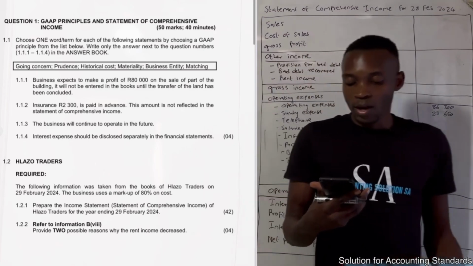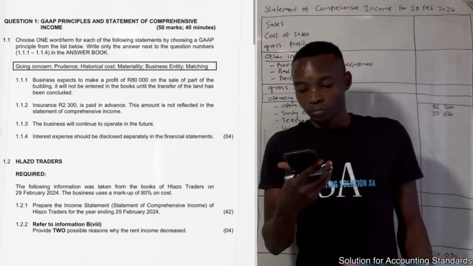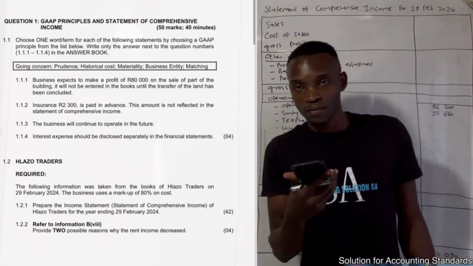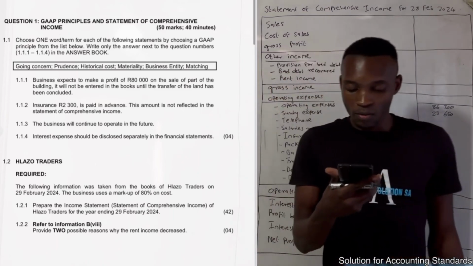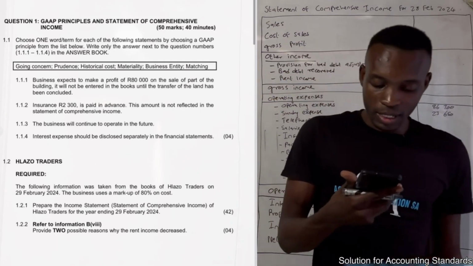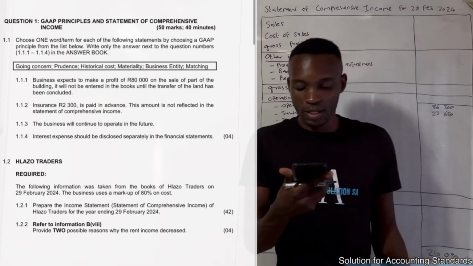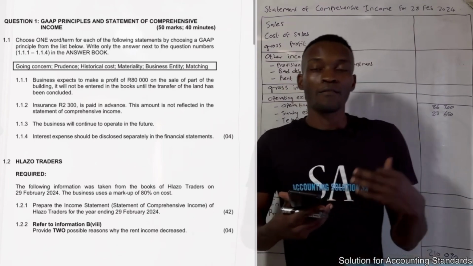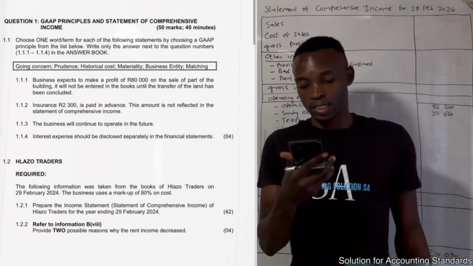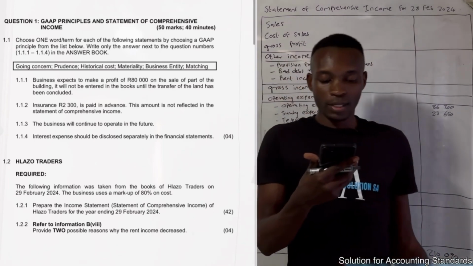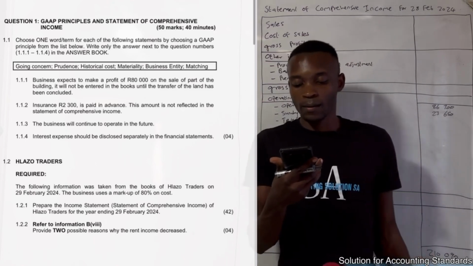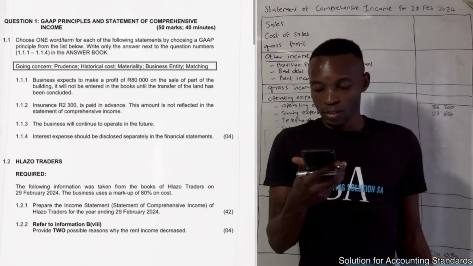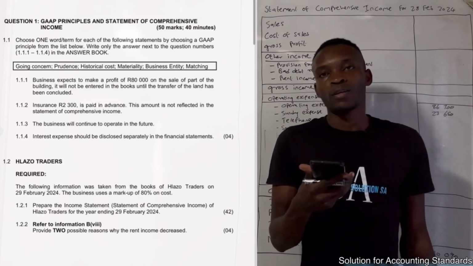So now the question that we are going to do: prepare the income statement, which is the statement of comprehensive income, of Class of Traders for the year ending 29 February 2024. Okay, and it is containing 42 marks. Then after that they ask us a theory question, which says provide 2 possible reasons why the rent income decreased.